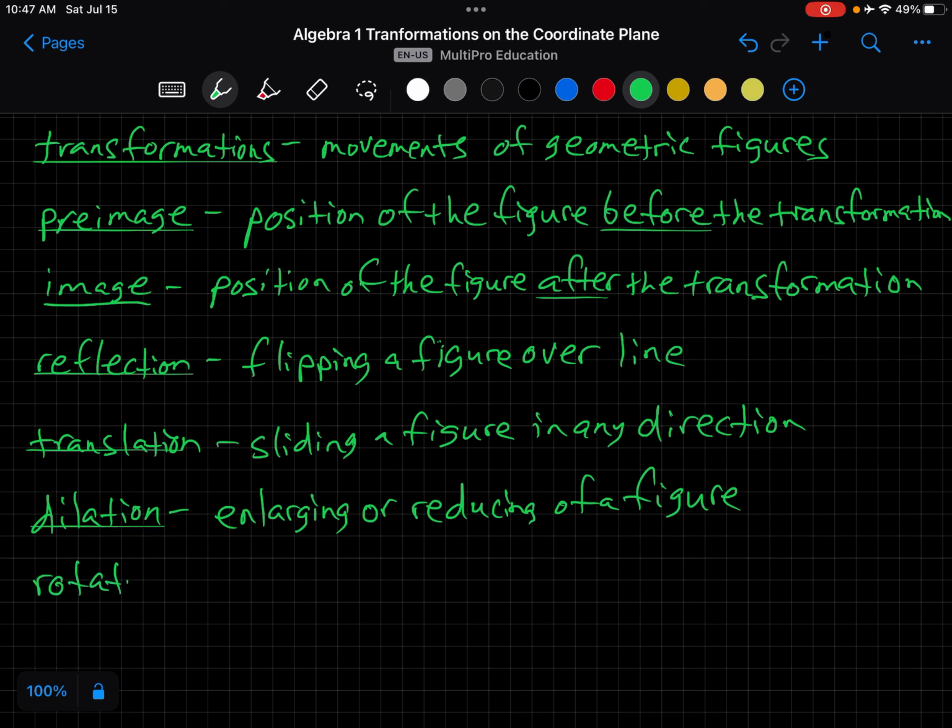All right, rotation. Man, we got a lot of definitions here today. A lot of words. I thought this was math. It is math. All right, this is the turning of a figure around a point.